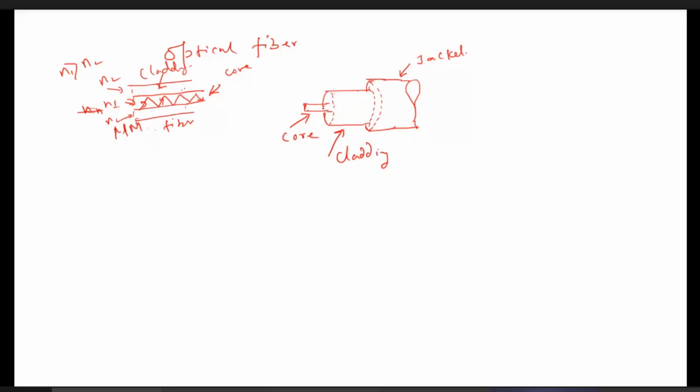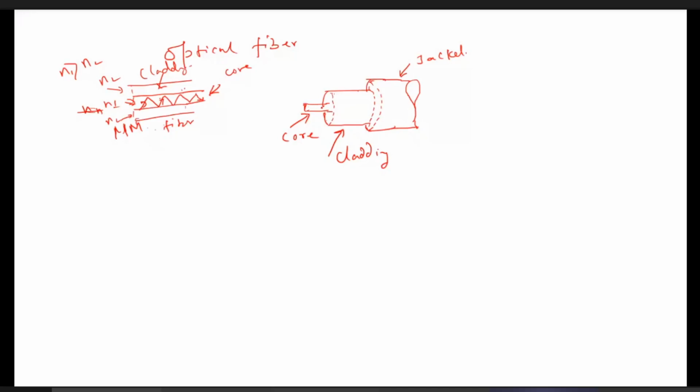The concept is that one layer has a high refractive index and the other a lower one, so that light can propagate through total internal reflection. So there are three layers: core, cladding, and jacket, each with its importance. Light is generally well trapped within the core, which is why it is very difficult to tap a signal from the core.